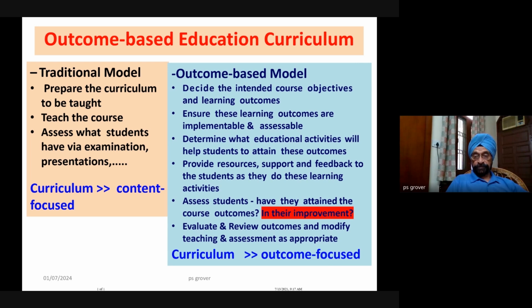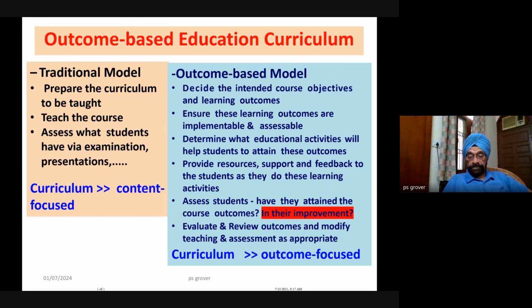Provide resources, support, and feedback to the student as they are doing the learning activity. Assess students: have they attained the course outcome? Is there improvement? Evaluate and review outcomes and modify teaching and assessment as appropriate. That is, the curriculum is assessment focus, outcome focus.